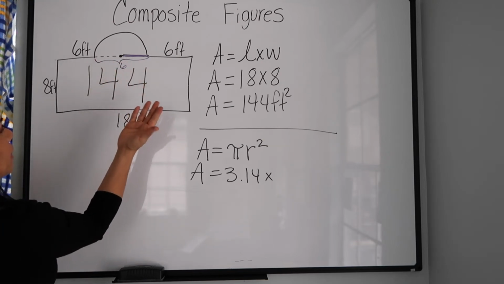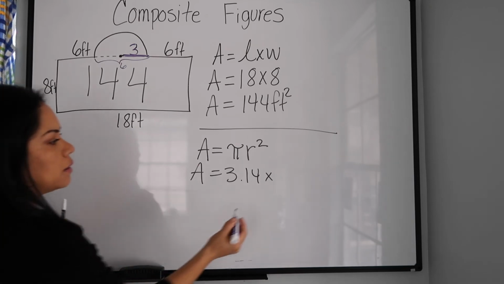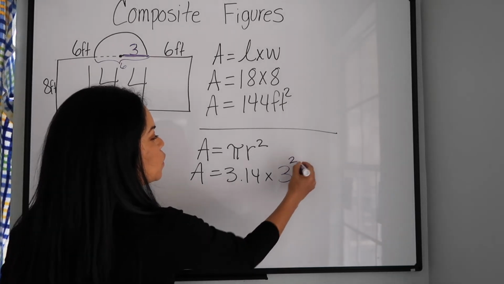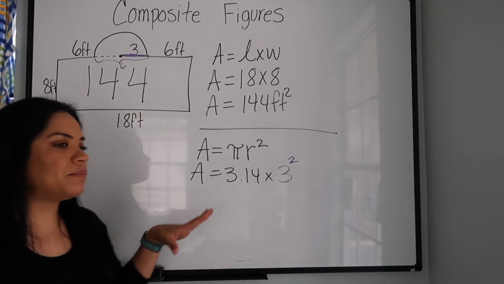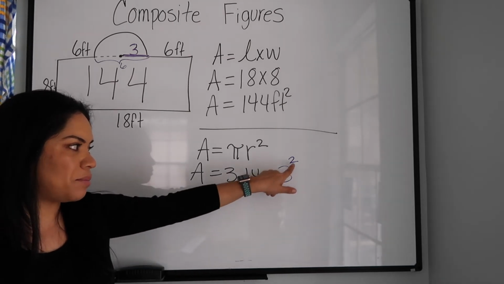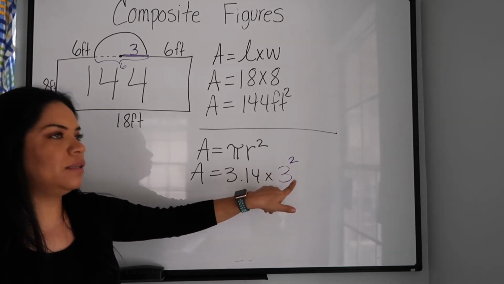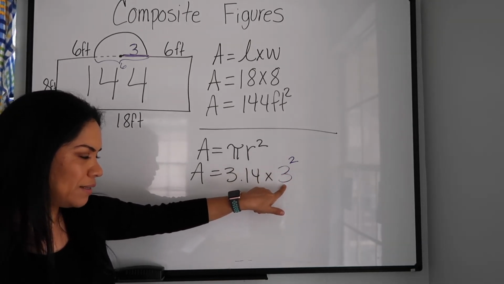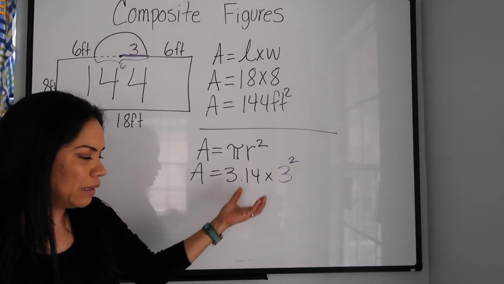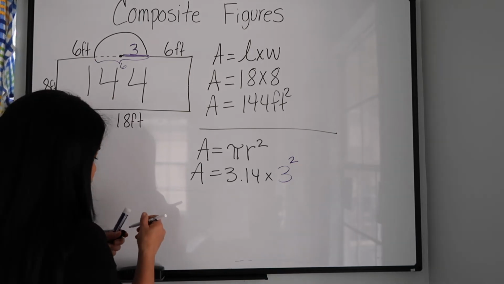Half of 6 is 3, and that's our radius. So we're gonna multiply times 3 squared. Make sure that you don't make the mistake of multiplying this number times 2. It's not 3 times 2, it's 3 times 3. It's the base multiplied by itself. 3 times 3 is 9.